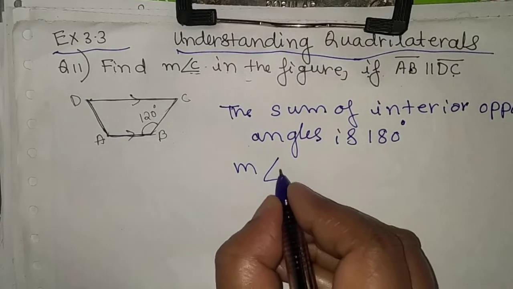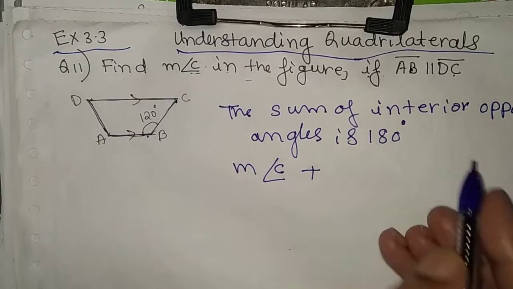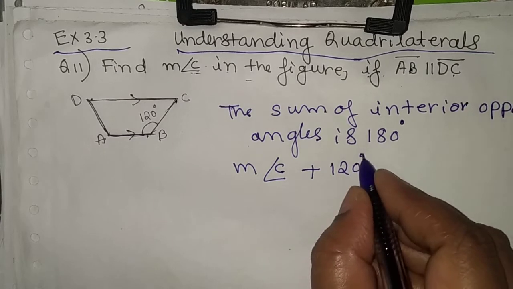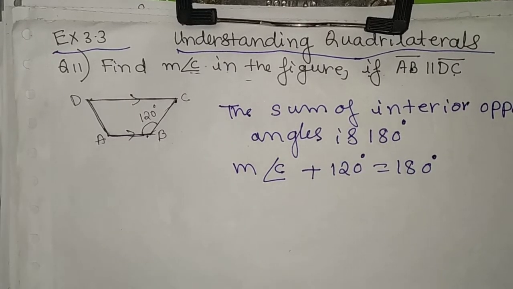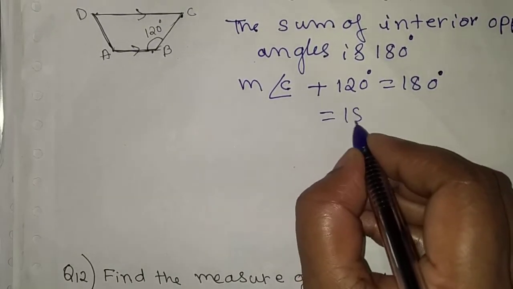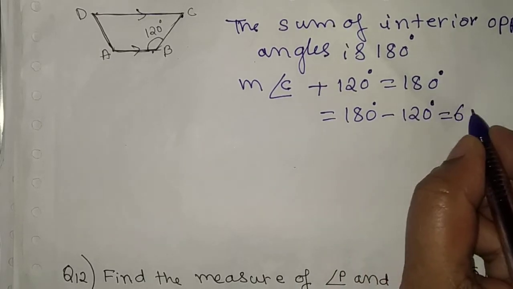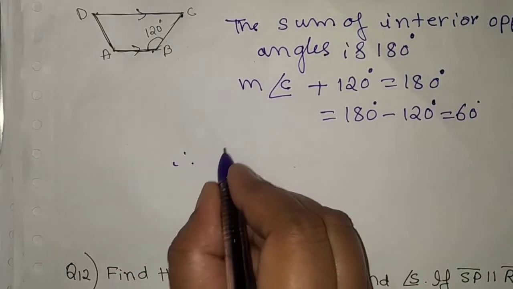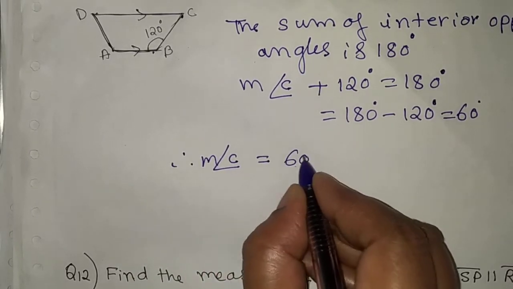Therefore we can write angle C plus 120 is equal to 180 degrees. Therefore, 180 minus 120 is equal to 60 degrees. Finally we can write angle C is equal to 60 degrees.